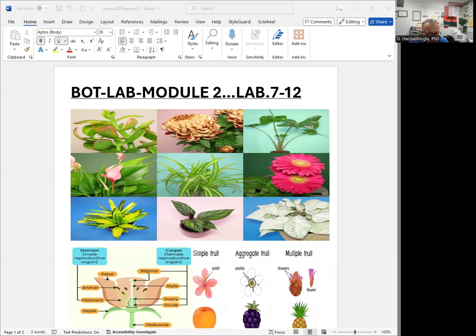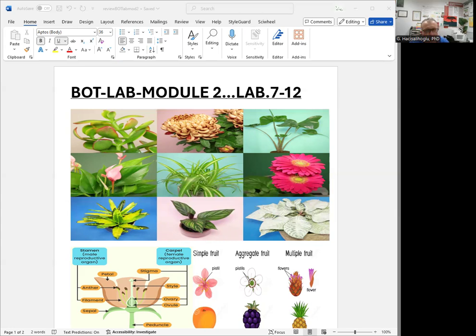I also want to point out that module 2 includes specifically lab number 7, growing, lab number 8, leaf, lab number 9, surviving, lab number 10, flowering, lab number 11, secondary growth, and lab number 12, plant identification. So let's get started, and we start with lab number 12, which is basically plant identification.